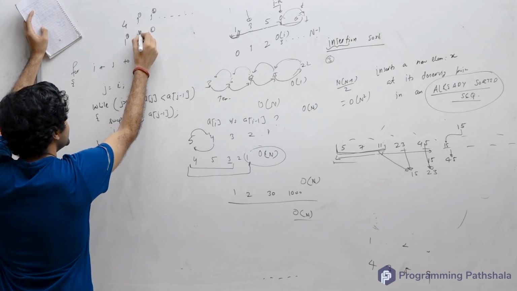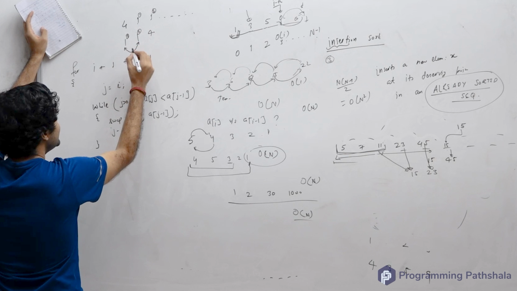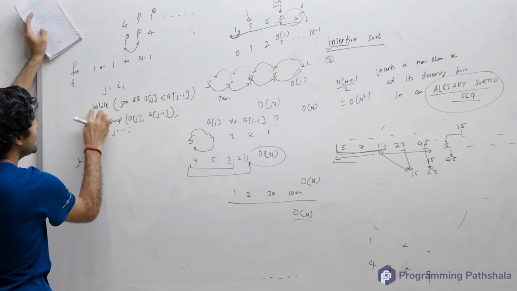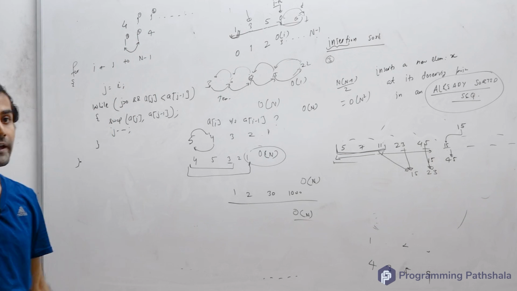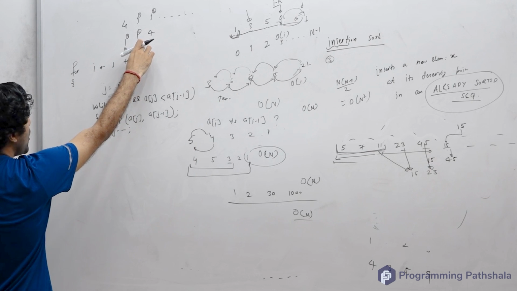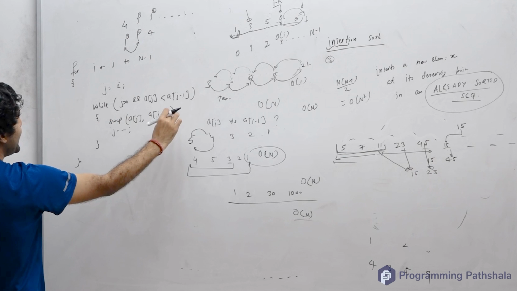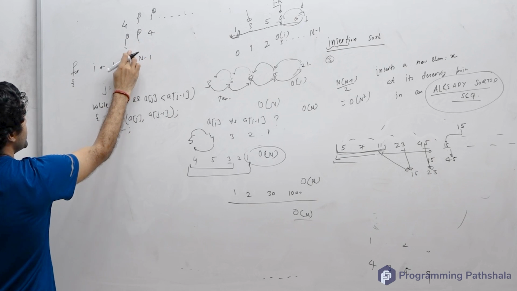So this 1 comes here and this 4 comes here. Now when you are comparing these and these, what would happen? Will this while condition be true or false? It will be false because this element is not greater than this element, it is equal to this element, so the swap operation would not happen and everything is alright for me.